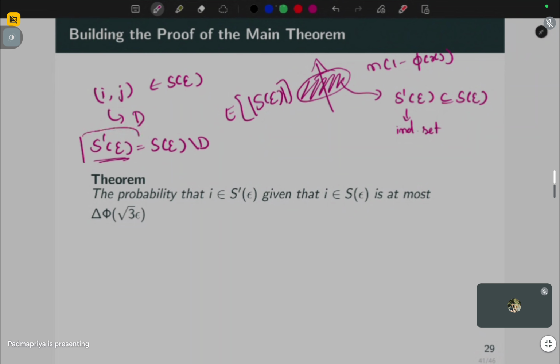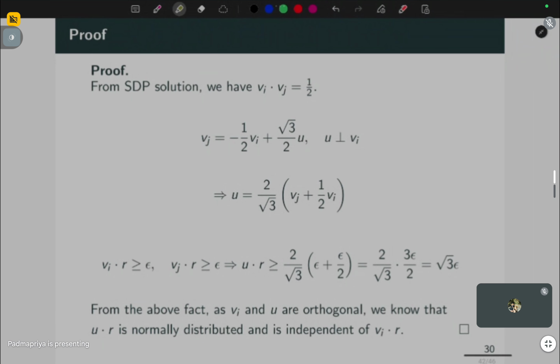So we will show that the probability that a vertex i belongs to S prime epsilon, given that i belongs to S epsilon, is at most this number, delta times phi of root 3 epsilon. So how we will see here.